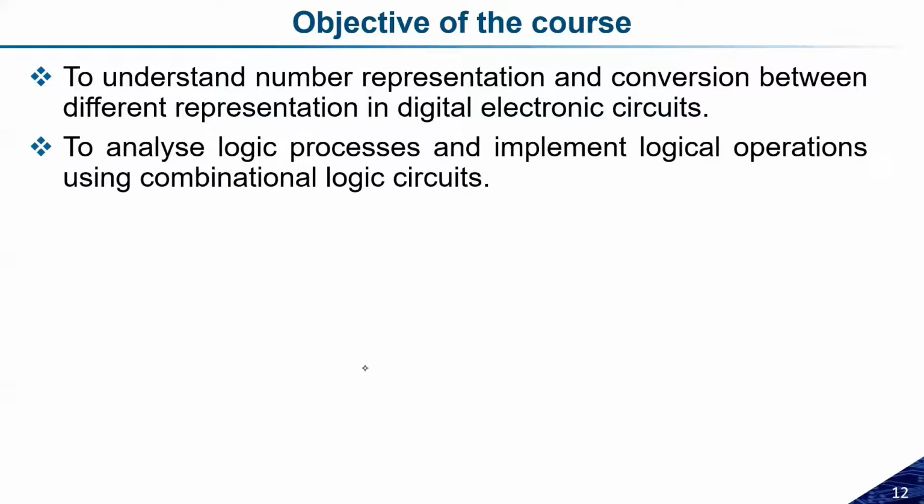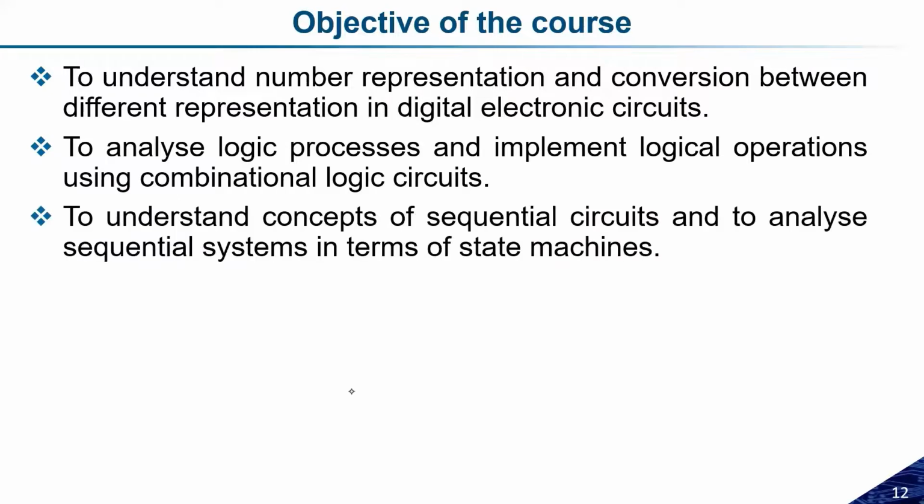The next objective will be how the combinational circuit works, how we can design combinational circuits, and what are the different processes by which we can design them. Based on our input and output patterns, we have to design the combinational circuits. Then the next objective could be how we can design the sequential circuit based on the input or output patterns.